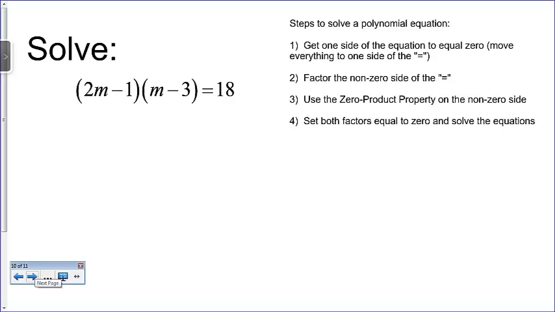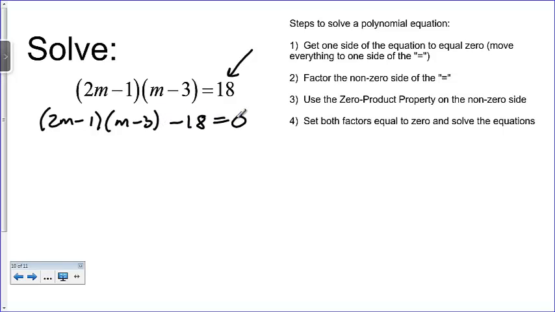Now this one, it looks like you're already done because you've got the left-hand side factored, but because I've got an 18 over here, we're not quite ready to go. Here's what we need to do. Get one side to equal 0. So let's subtract the 18 over to the left-hand side. So now, what we need to do is clean up the left-hand side by FOILing the 2m minus 1 and the m minus 3. So let's do that.